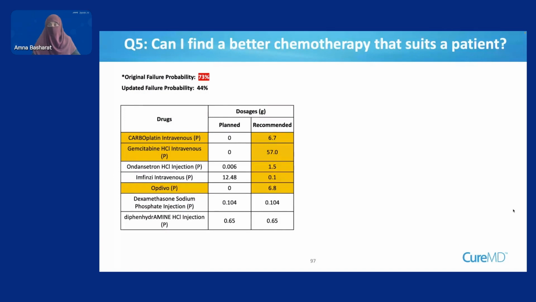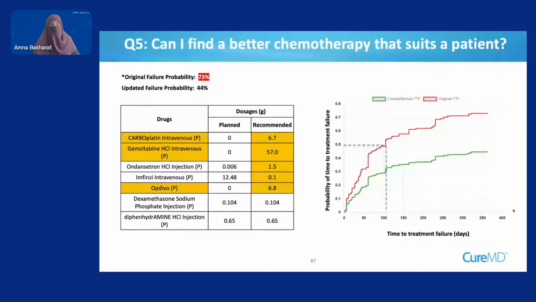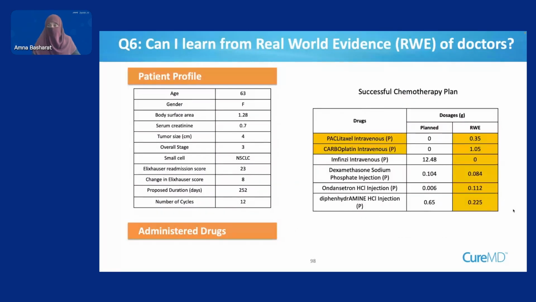And last but not the least, it also provides counterfactuals based on mathematical modeling. So if the original failure probability was 73%, what changes in the plan could be made such that the failure probability could be reduced?